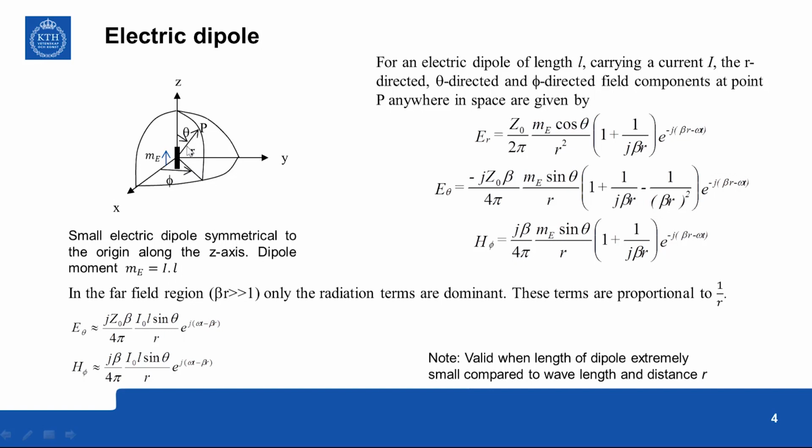So the spherical coordinate is defined like this. If this is any point in space P, then from the origin to this point, that distance is called r, that is one of the coordinates. Then from the z direction, an angle theta.